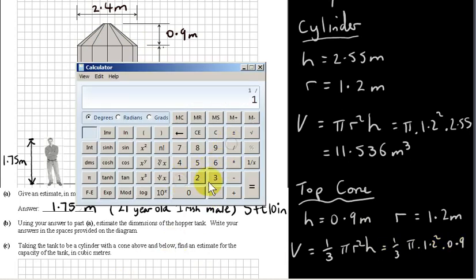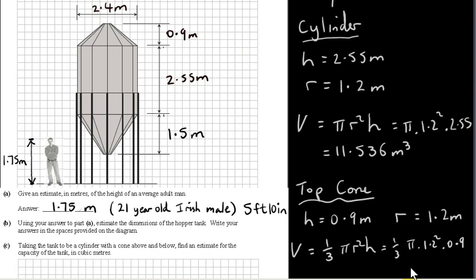So we have 1/3 multiplied by pi multiplied by 1.2 squared multiplied by 0.9. So I will write this down to 3 decimal places. This is 1.357. 2 or probably even 1 decimal place may be adequate here.